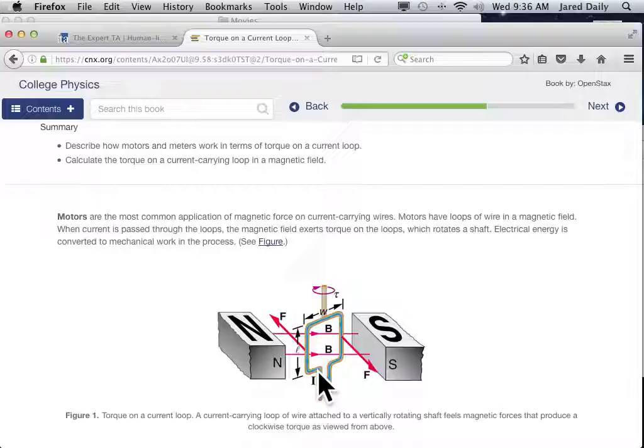From the direction of the current and the direction of the magnetic field, follow the direction of the force.